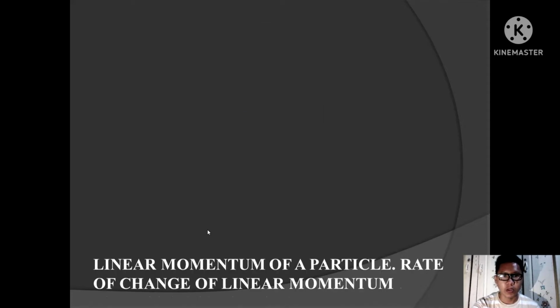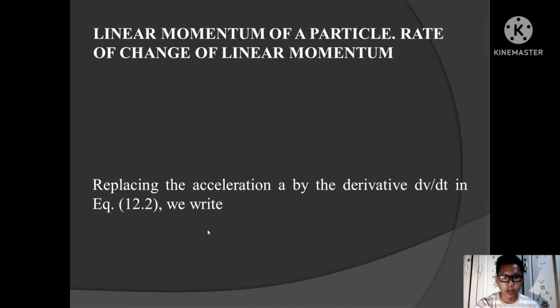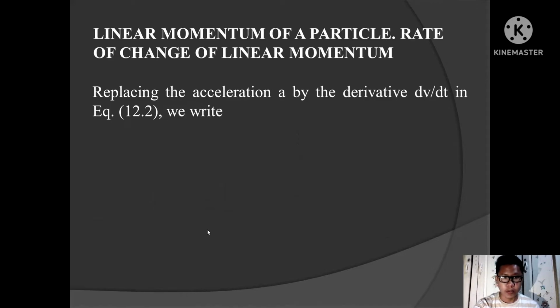Then we have also the linear momentum of a particle and the rate of change of linear momentum. But before that, linear momentum is also called the translational momentum. As we all know, linear momentum is the product of the mass and the velocity of the object.